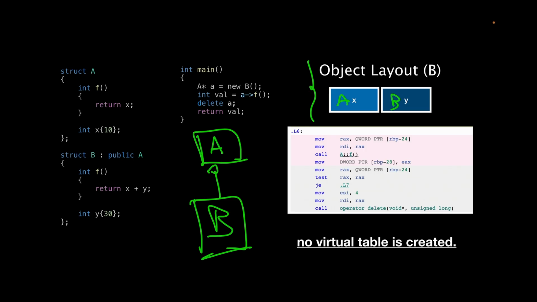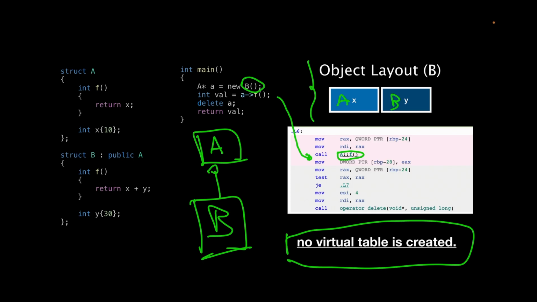As we can see from the generated assembly, we get a call to F directly. We don't go through the virtual table. There is a direct call to F that is in A, even if we are allocating a B object here. So in this case, we don't have any virtual table created.